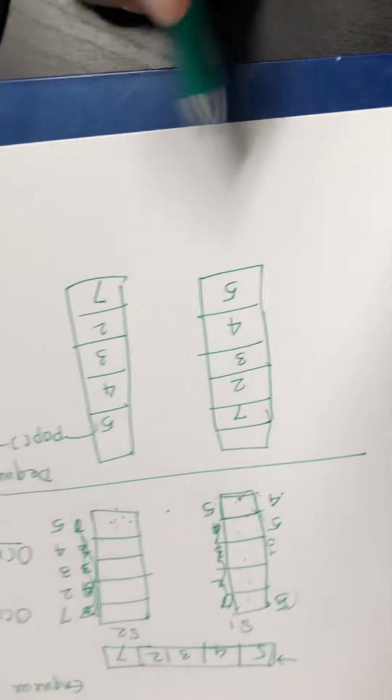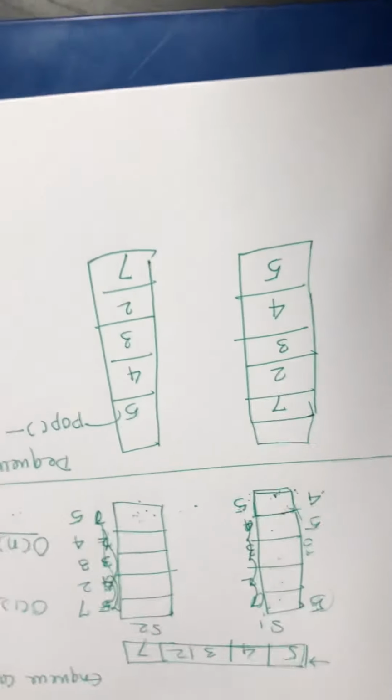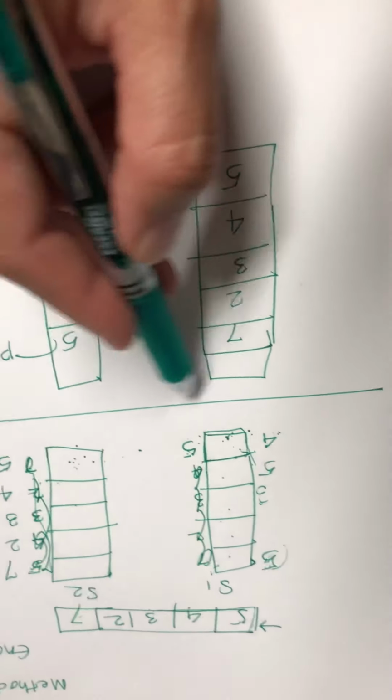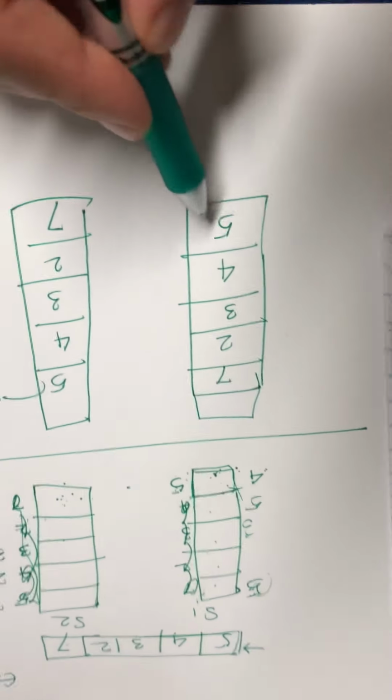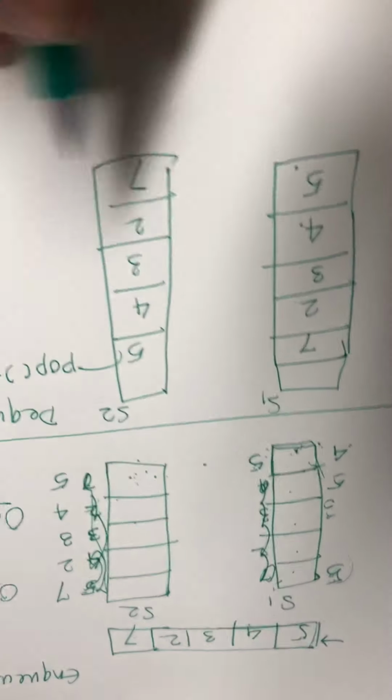Now the second method is making the DQ operation costly, where the new element entered is always put on the top of the stack. Suppose 5 is entered first, 4 is entered next, then 3, 2. This is stack S1 and this is stack S2.